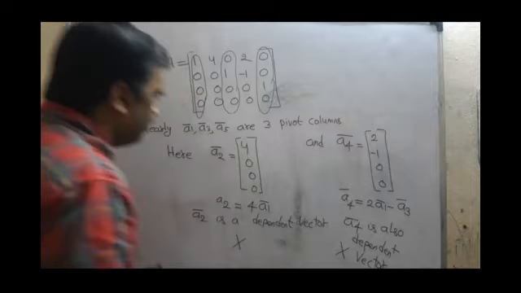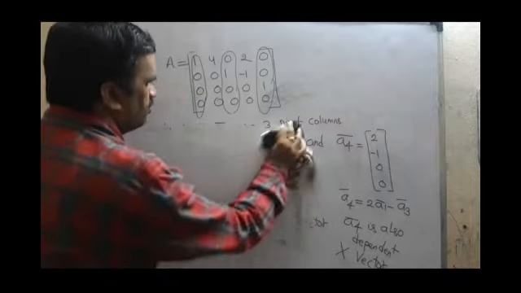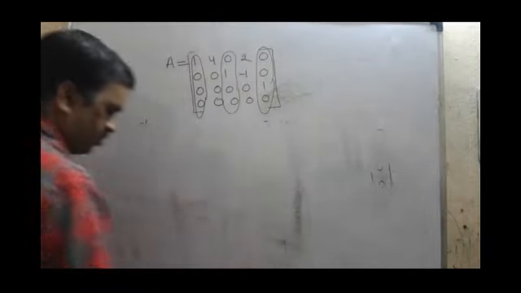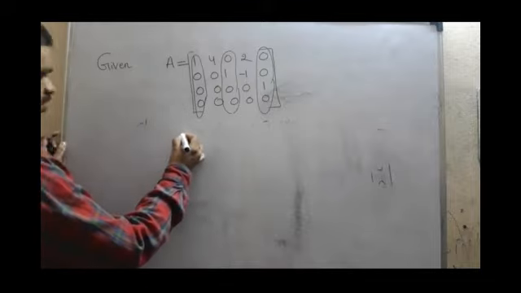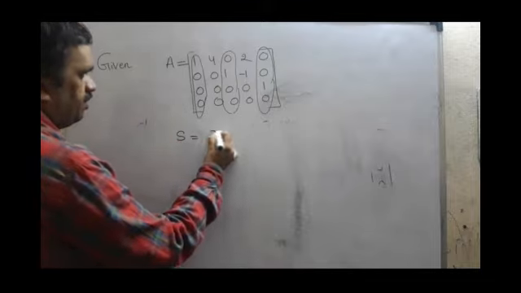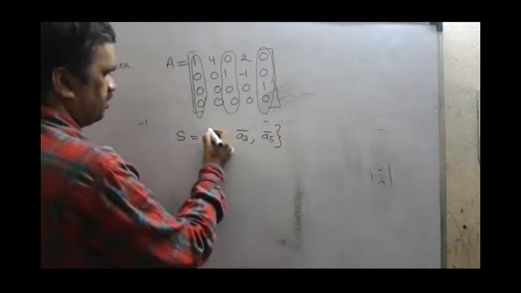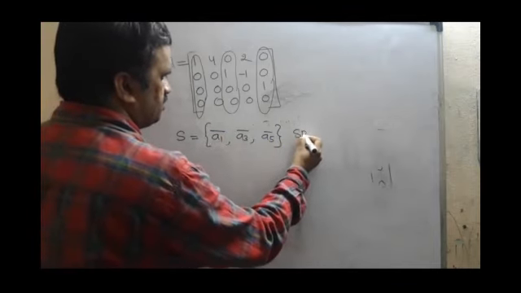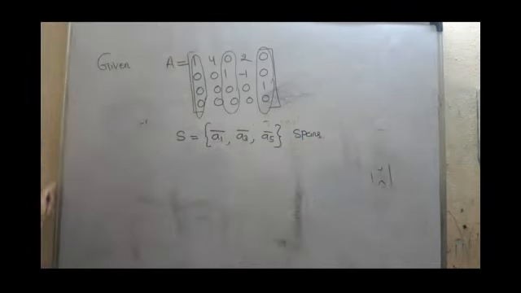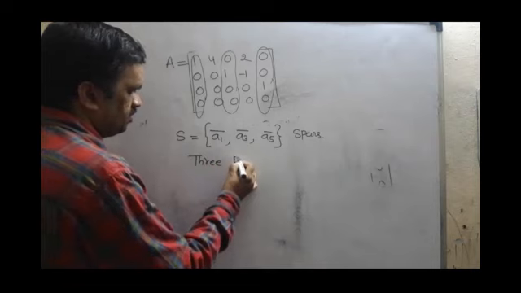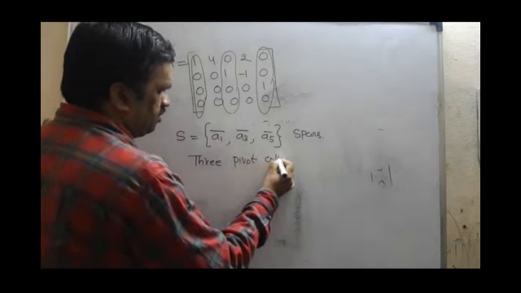Therefore, S equal to A1 bar, A3 bar, A5 bar spans. These 3 vectors are pivot columns.